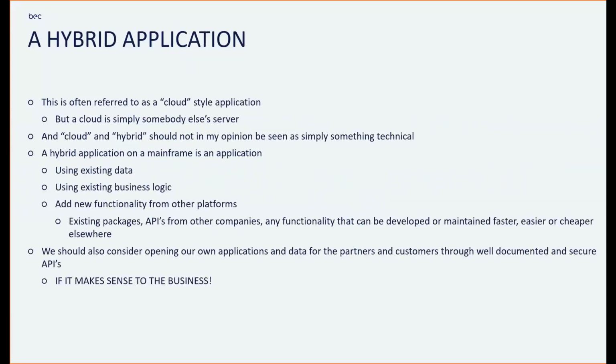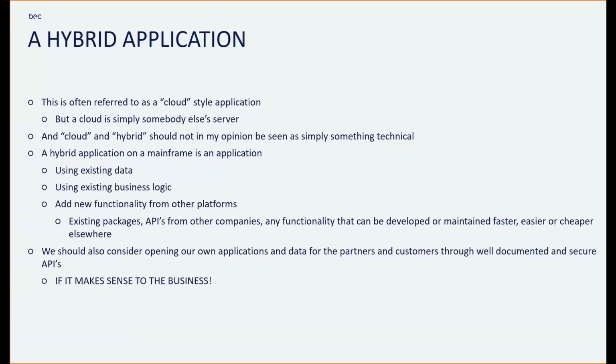What do we mean by a hybrid application? This is often referred to as a cloud-style application. You could call it a private cloud, but to me, a cloud is just somebody else's server. So what I want to talk about is a hybrid application on a mainframe. It's an application which uses existing data and existing business logic, but adds new functionality from other platforms.